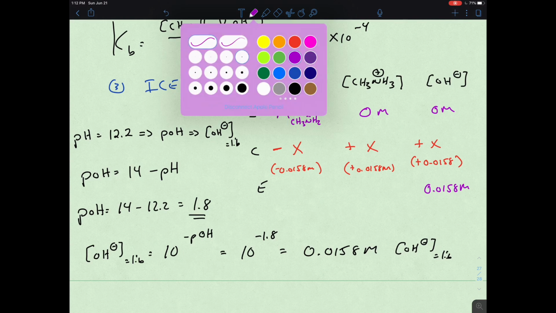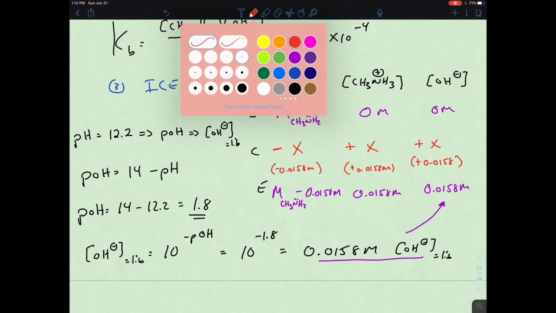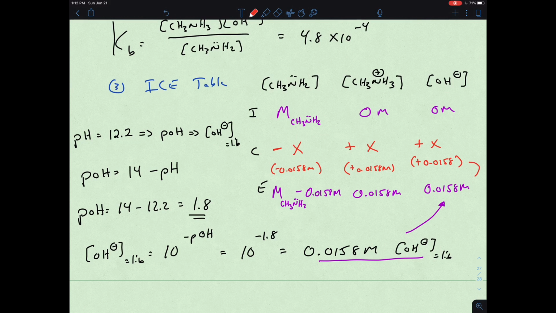So that means my concentrations of my products are both the same at 0.0158 molar, and then my starting material, which is what I'm looking for, would be that initial concentration minus the 0.0158 molar. So that concentration at equilibrium is what I'm plugging in there, which is then allowing me to determine the actual change that's occurring.